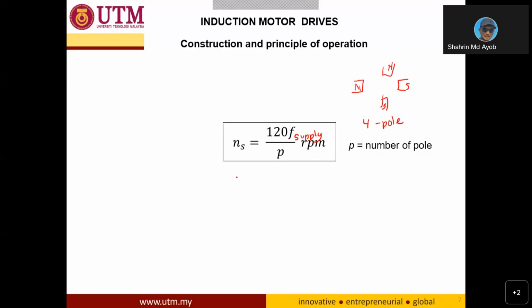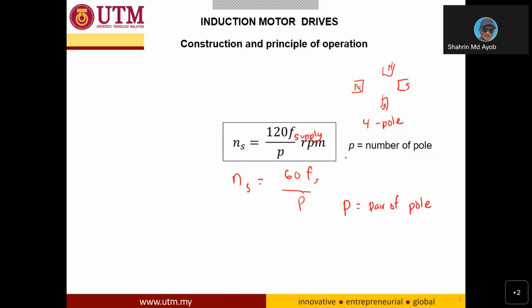There is also another equation that sometimes depends on the textbook. You can find the synchronous speed equals 60 multiplied with frequency supply over P also. But this P, the definition is not the same. This P is actually pair of poles.